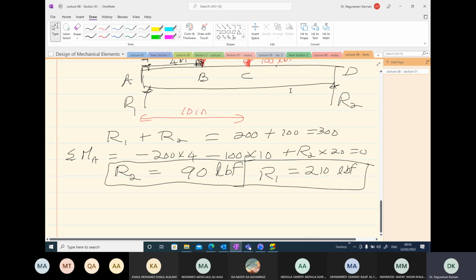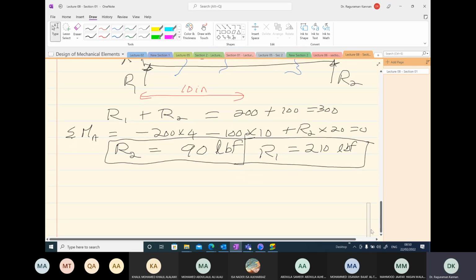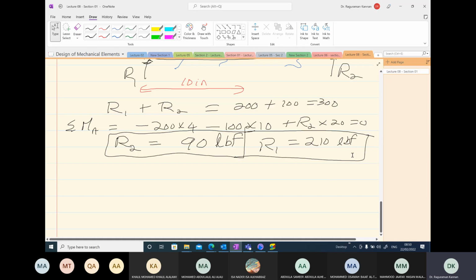Now, so we have solved here. The next step is we take sections. We need to make a cut here, and cut here. Draw the free body diagram to figure out the internal reactions.